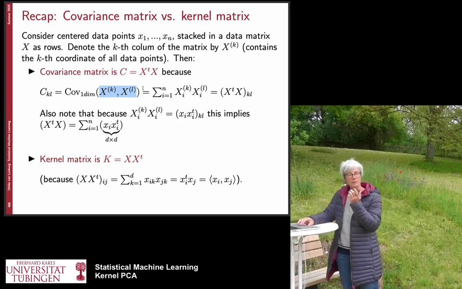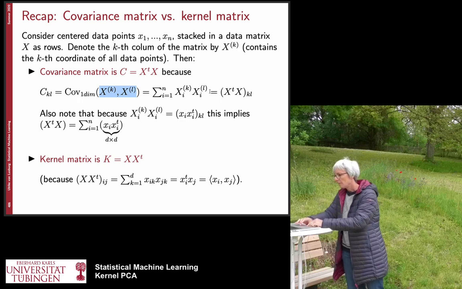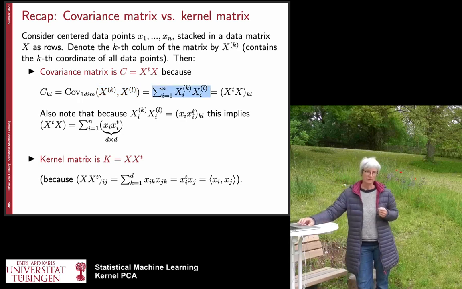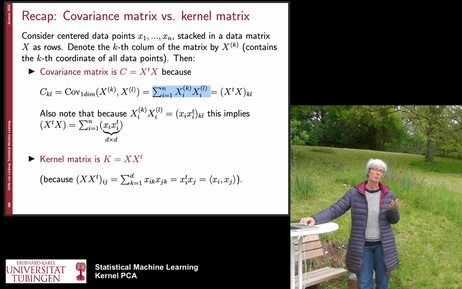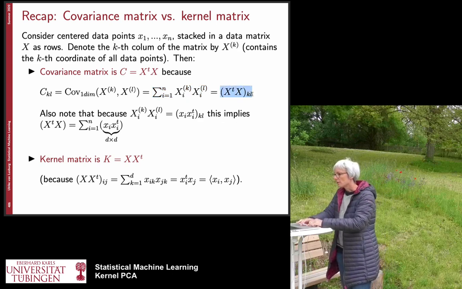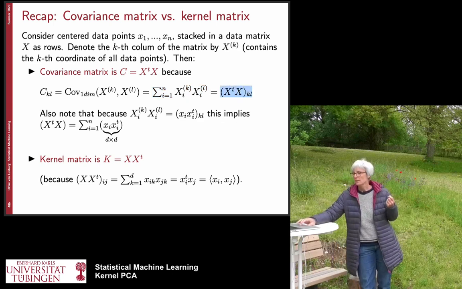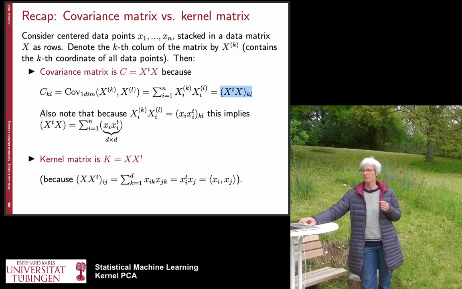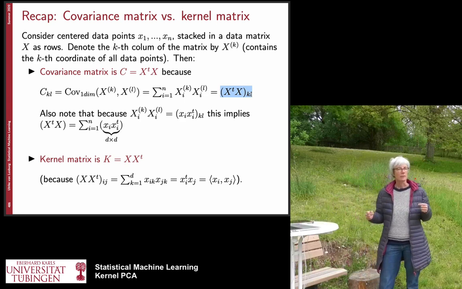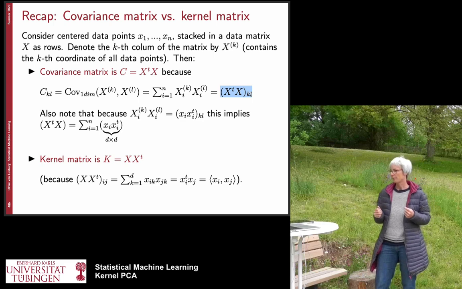And because we know the data has been centered, the covariance is just given as the sum of the products of the two entries. In this formula, you should know this is the one-dimensional covariance of centered data points. And if you now transform it again to matrix notation, it is the same as computing X transpose X and then checking entry KL. So this shows why the covariance matrix is really given by this formula X transpose X.